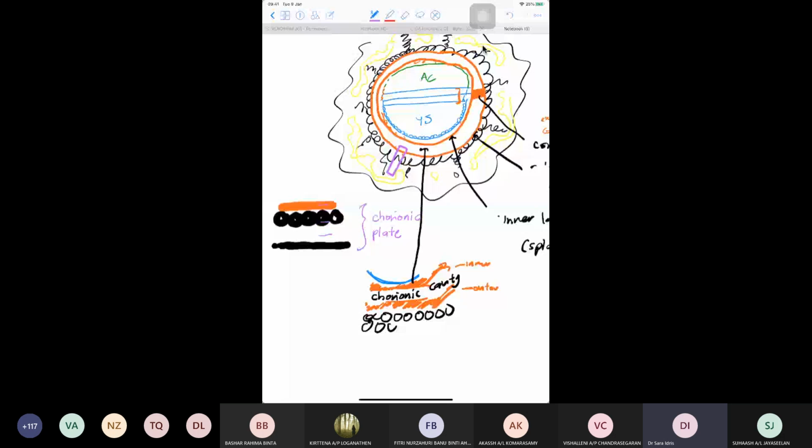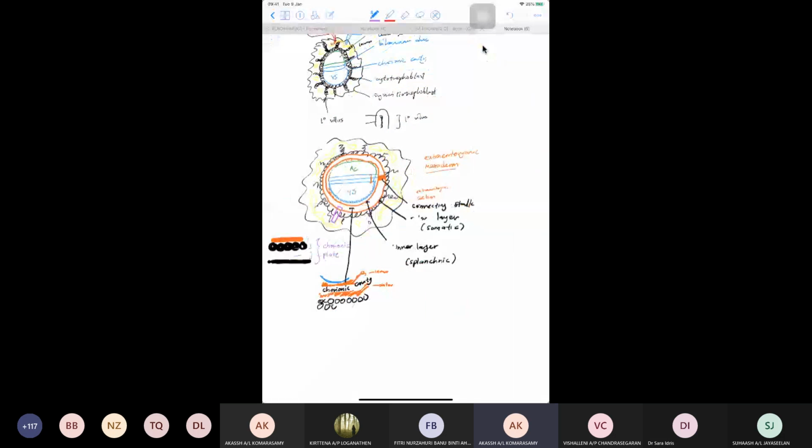Any questions? Doctor, what were the three layers of the chorionic plate? Okay, you tell me what the three layers of the chorionic plate are. You can see here that I've drawn these three layers, one, two, and three. So what is the one in orange? Somatic. Yes?